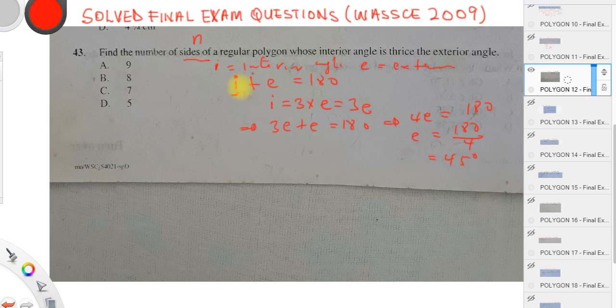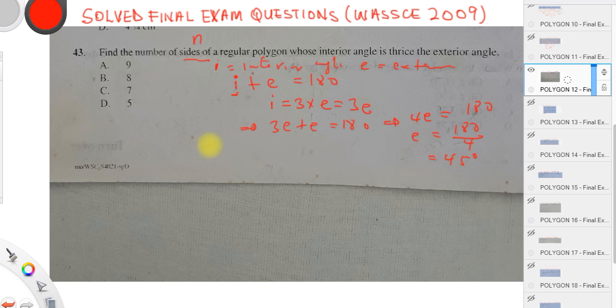We are asked to find the number of sides. This is one of the exterior angles. Each exterior angle is 45 degrees. You know that the sum of the exterior angles gives us 360 degrees.